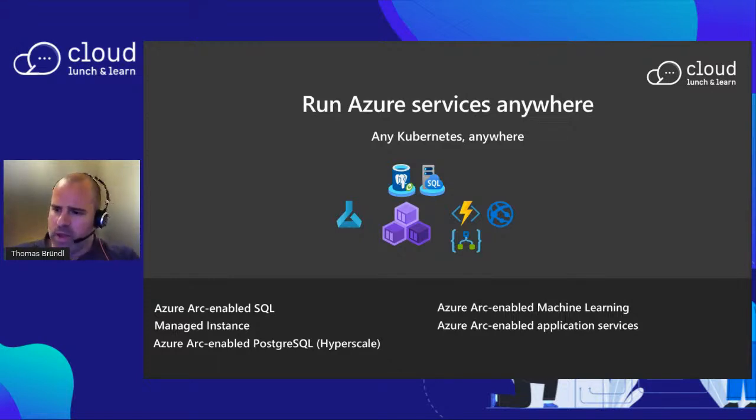And then we have the application services, consisting of the Azure App Service for the web hosting, the Azure Functions, and the Logic Apps. One application service I haven't mentioned so far is the machine learning part of it.